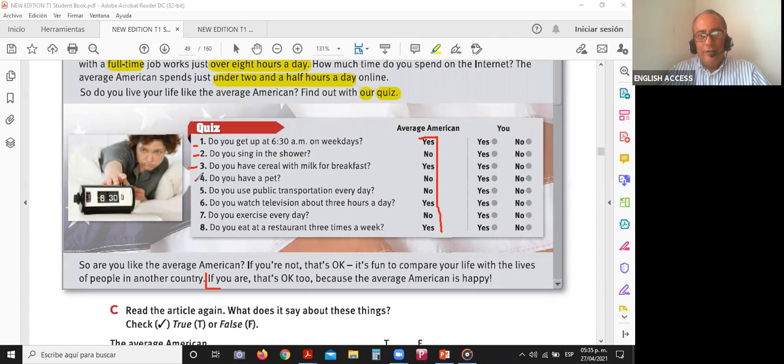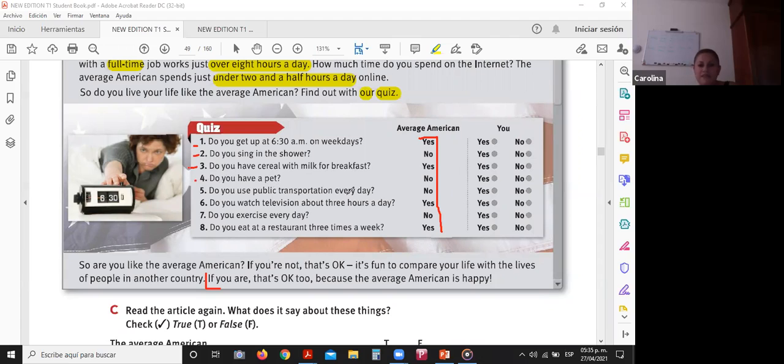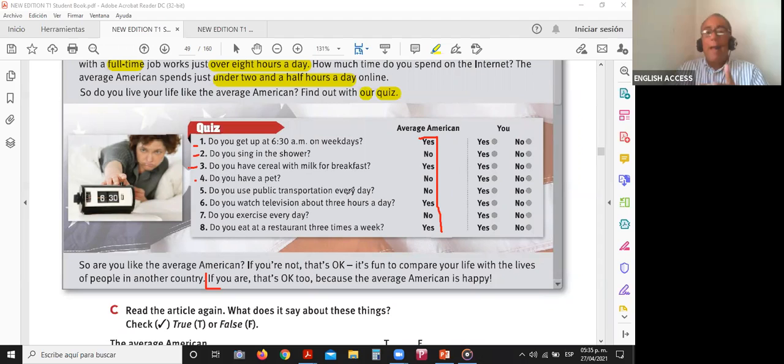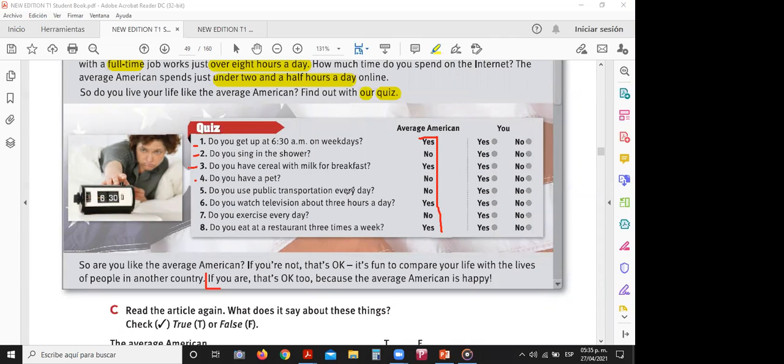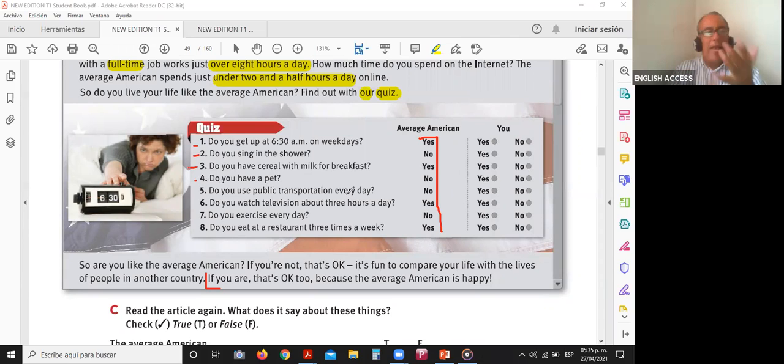Carolina, number 4. Do you have a pet? A pet, maybe a cat, maybe a dog, maybe a parrot, maybe birds, maybe an iguana as a pet. What is a pet? Mascota. Exactly. What is another pet you can have?